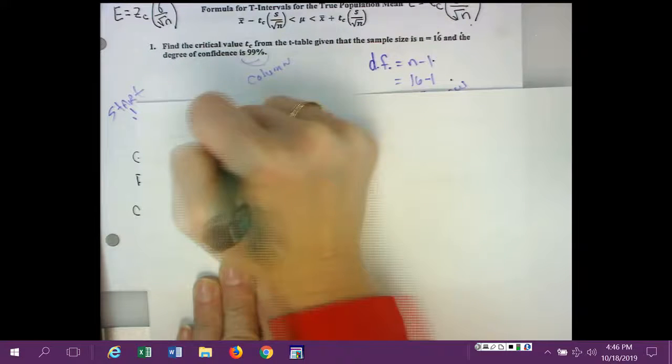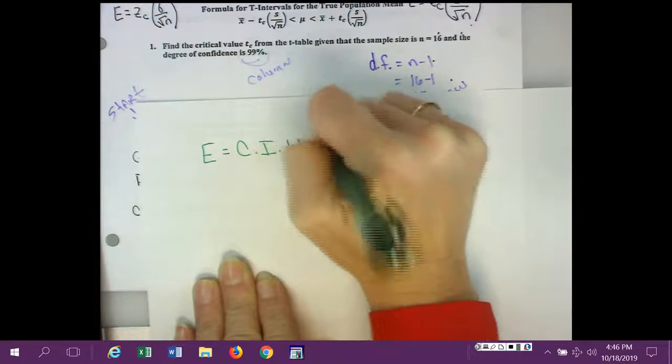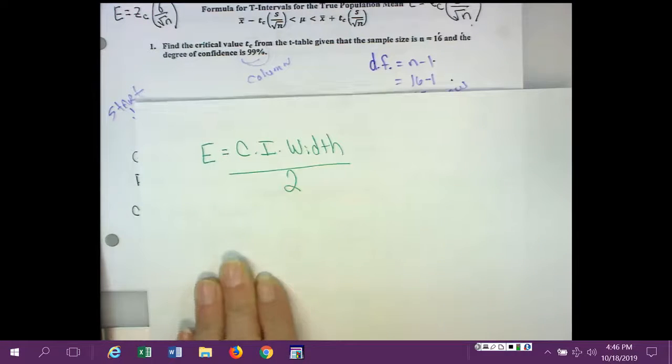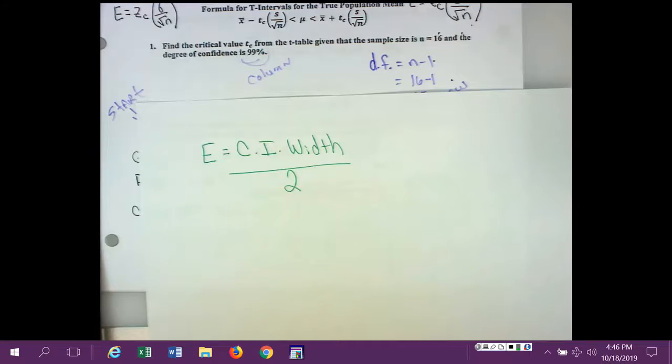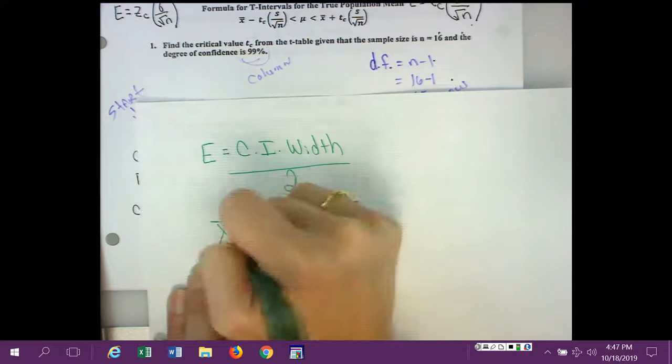First of all, E is confidence interval width divided by 2. So if they give you a confidence interval, then find the width and divide by 2. X bar, this is a better way to say it.